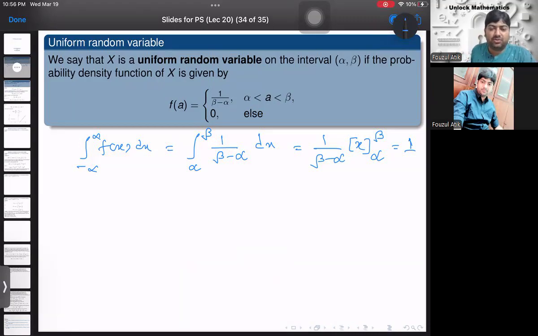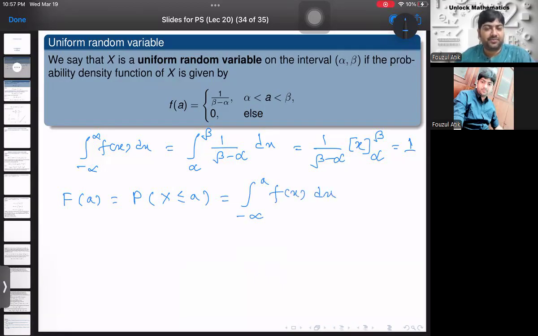We know the definition of the cumulative distribution function: F(a) is the probability that X is less than or equal to a. In the case of a continuous random variable, this is the integral from minus infinity up to a of f(x) dx, where f(x) is the probability density function.